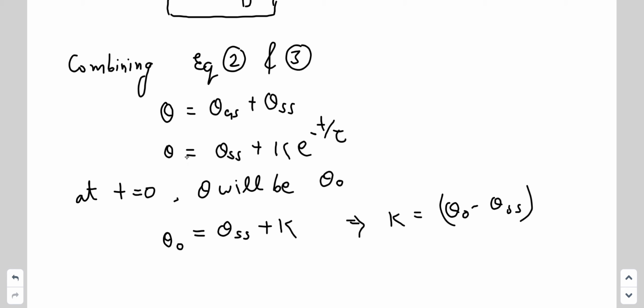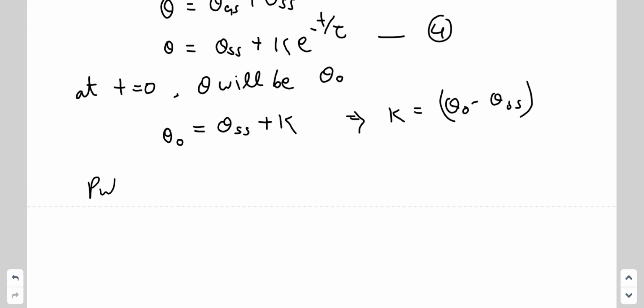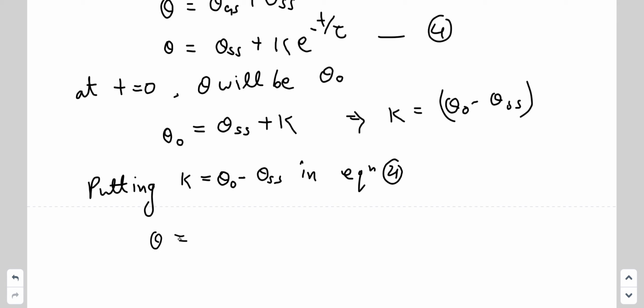So put this value in equation 4. Putting K is equal to theta naught minus theta SS in equation 4, theta will be equal to theta SS plus (theta naught minus theta SS) e to the power minus T by tau.